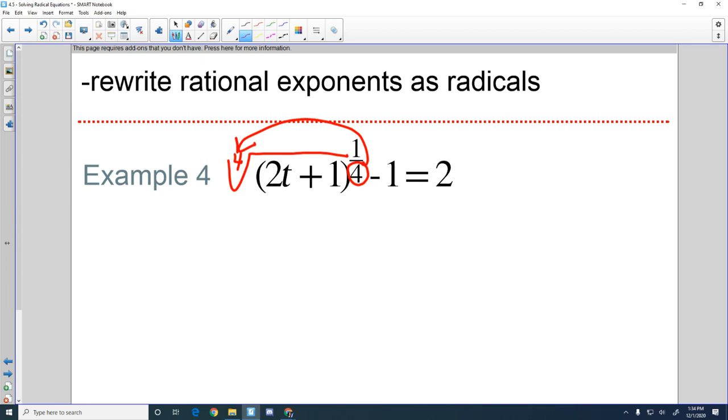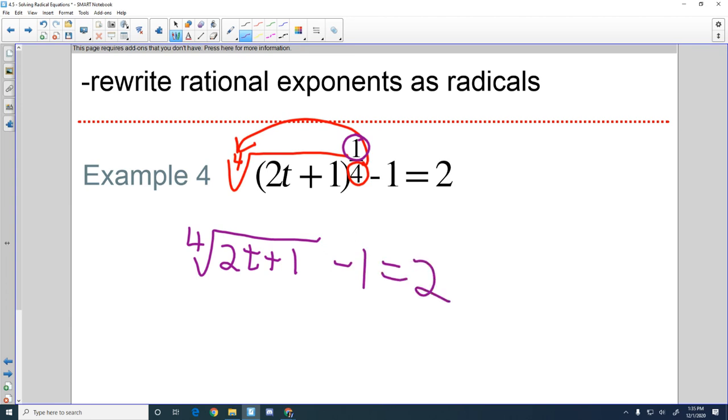We could rewrite this as the 4th root of 2t plus 1 raised to the first power. I don't really need the 1 there, because anything to the first power is just itself. And then I've got this minus 1 equals 2. That's just the rest of the problem.